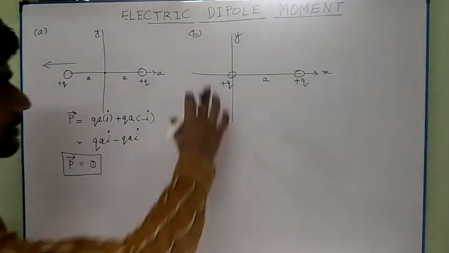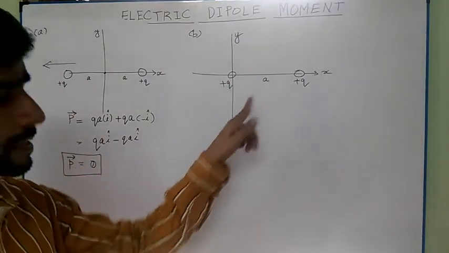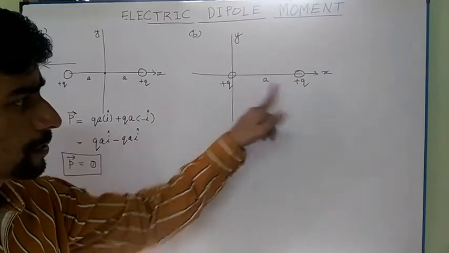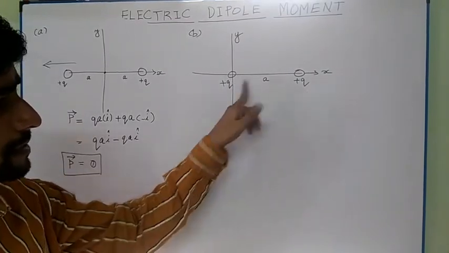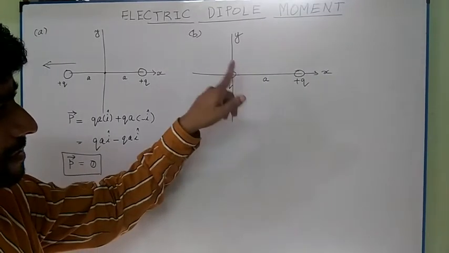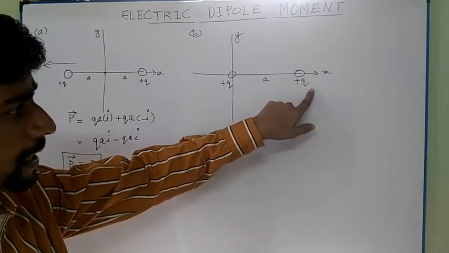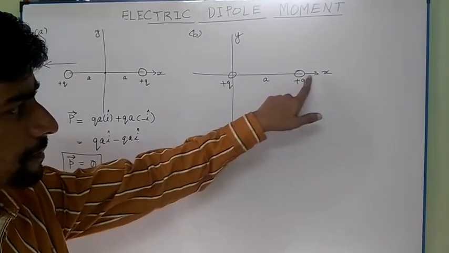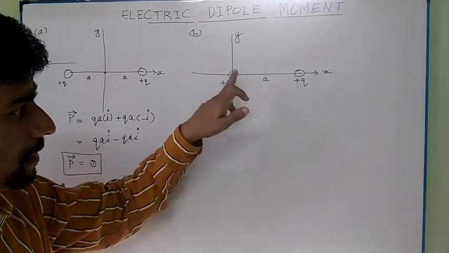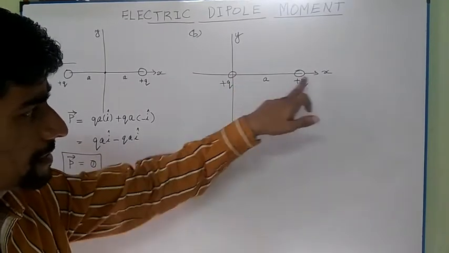Next is the second case. Second case la parunga, there are two charges, both are positive, but how is it different from the first case? Here one charge is placed at the origin, another charge is placed at a distance a from the origin. ஒரு charge origin இருக்கு, இன்னொரு charge origin இருந்து a distance இருக்கு.